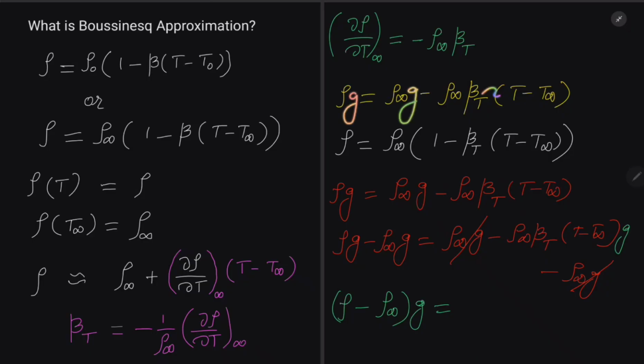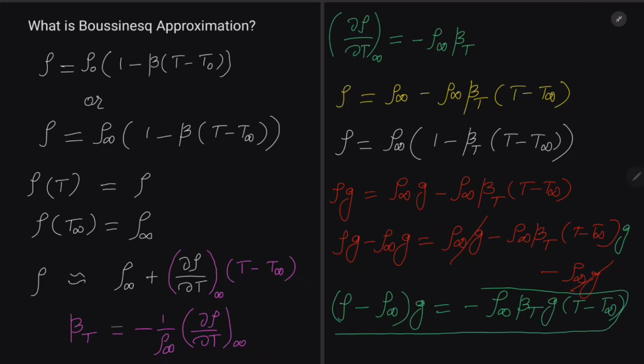So finally we get minus rho infinity beta T g, T minus T infinity. This is the buoyancy force that you usually see in your fluid mechanics paper.